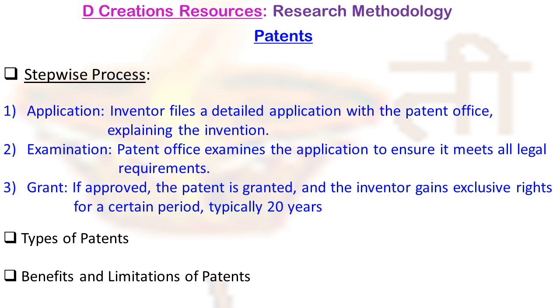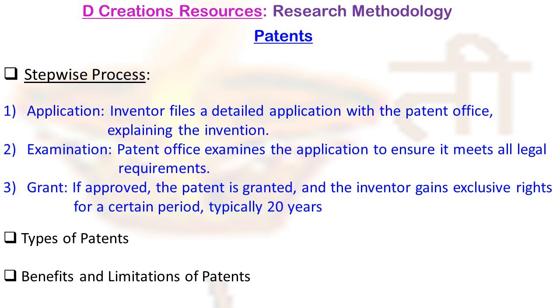If your application meets all the legal requirements, the patent office will grant you your patent. That means now you have exclusive right to make, use and sell your invention. Of course, as I had mentioned earlier, it is limited to the geographical territory where you have applied for it.